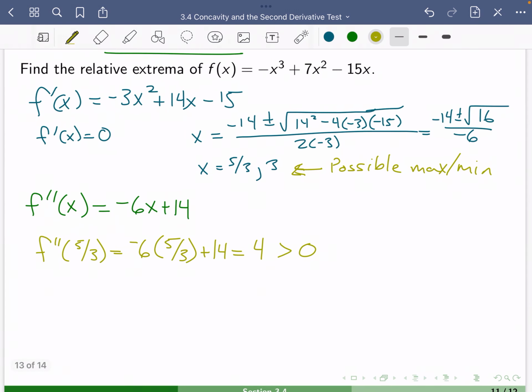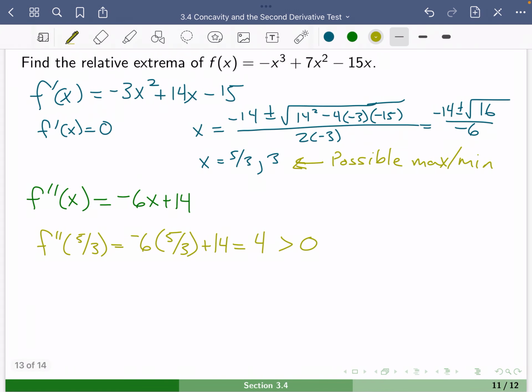So what is going to happen at 5/3? We have a minimum at 5/3. Our first derivative was 0 and our second derivative was positive, so it was curved up right at that point. So we are at the bottom of a valley.